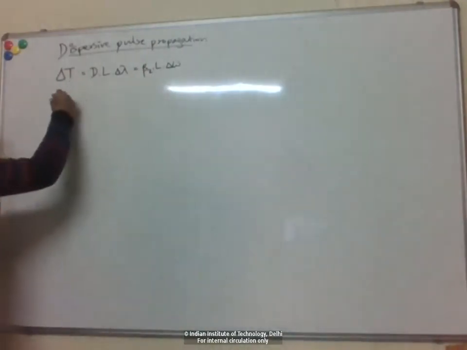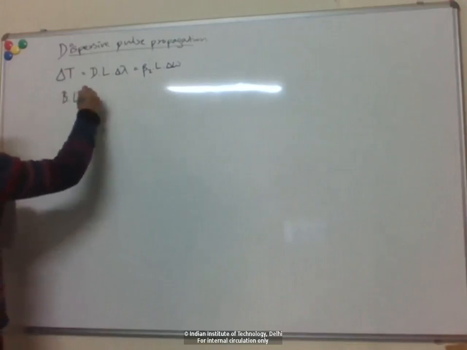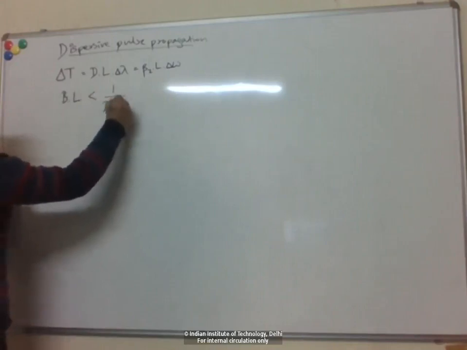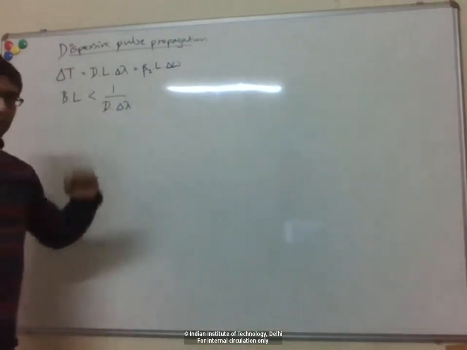And then from here we saw that this figure of merit, the bit rate times the transmission distance, is bounded by 1 over this dispersion coefficient times the bandwidth.